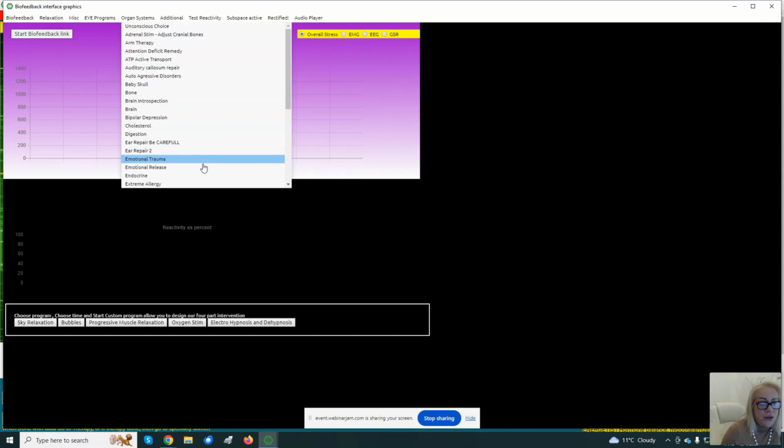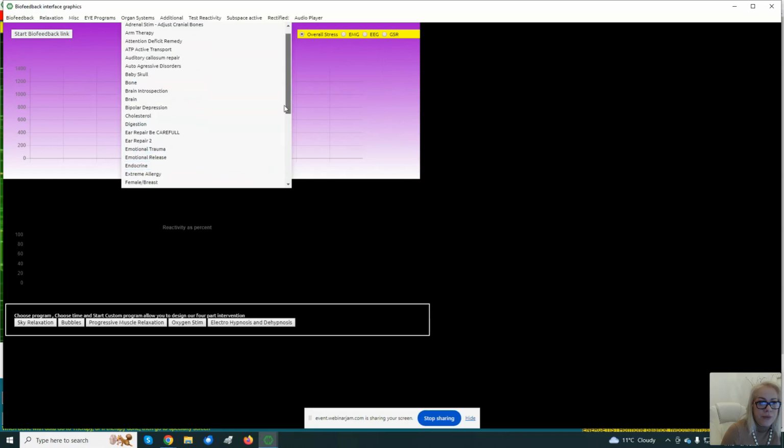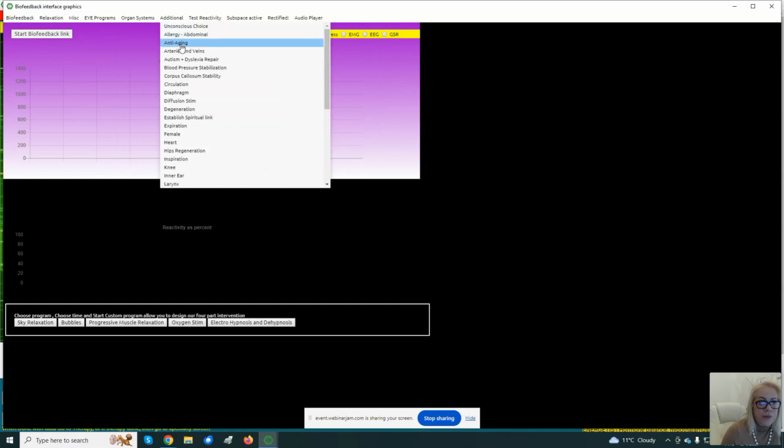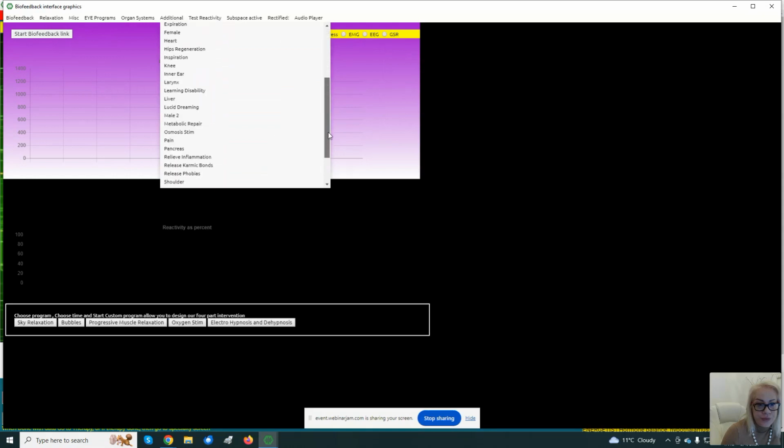And of course, we have the endocrine system here. Corpus callosum helps with homeostasis as well. Very important. And here we have metabolic repair.